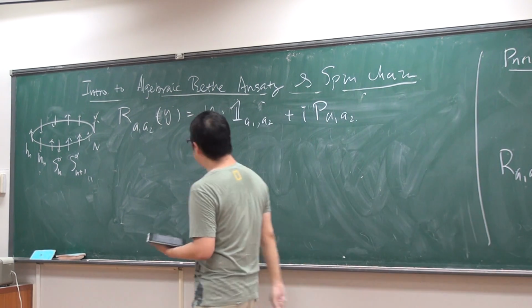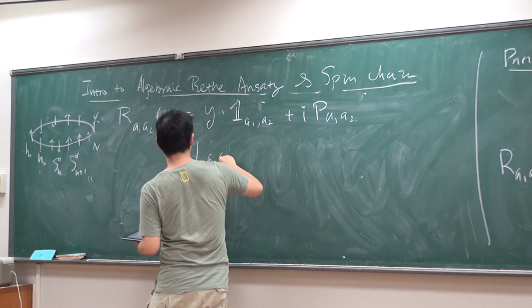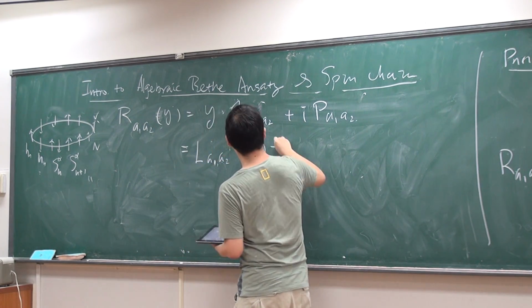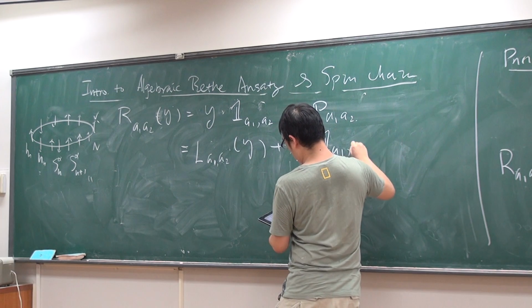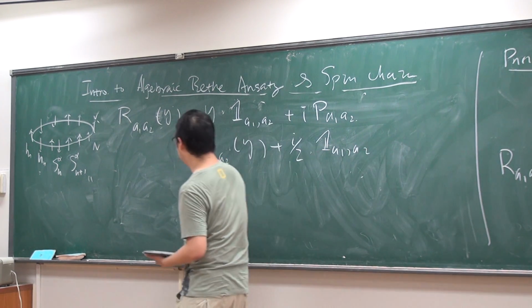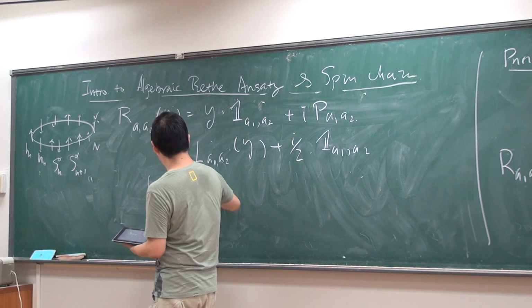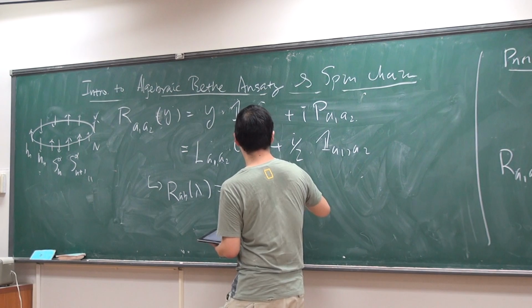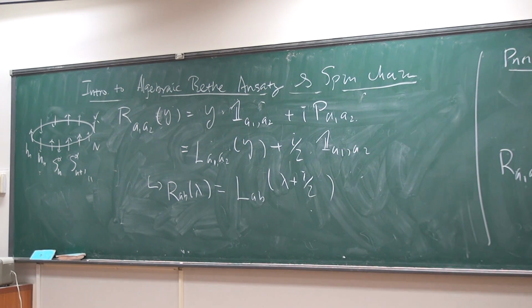If you want, you can also rewrite it, imagining that there's an auxiliary operator. So for this we deduce R_AB(lambda) is actually L_AB(lambda + I/2).